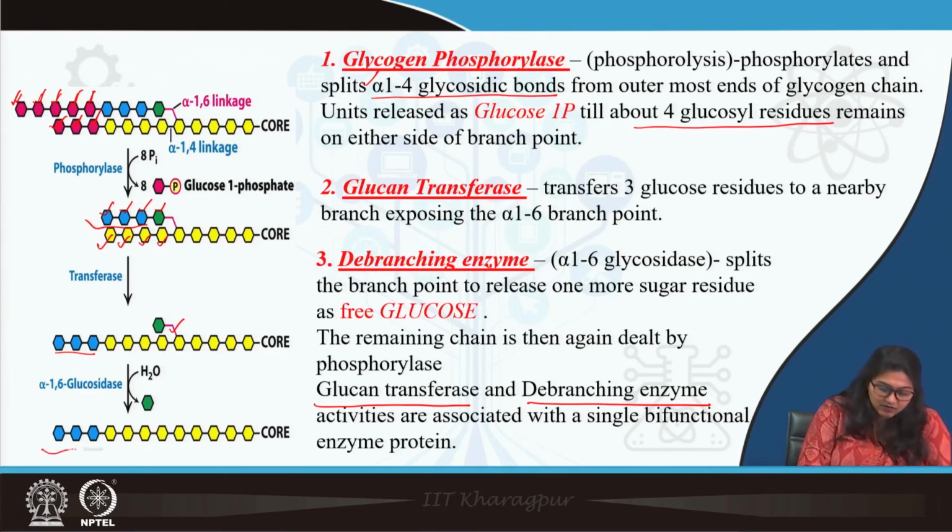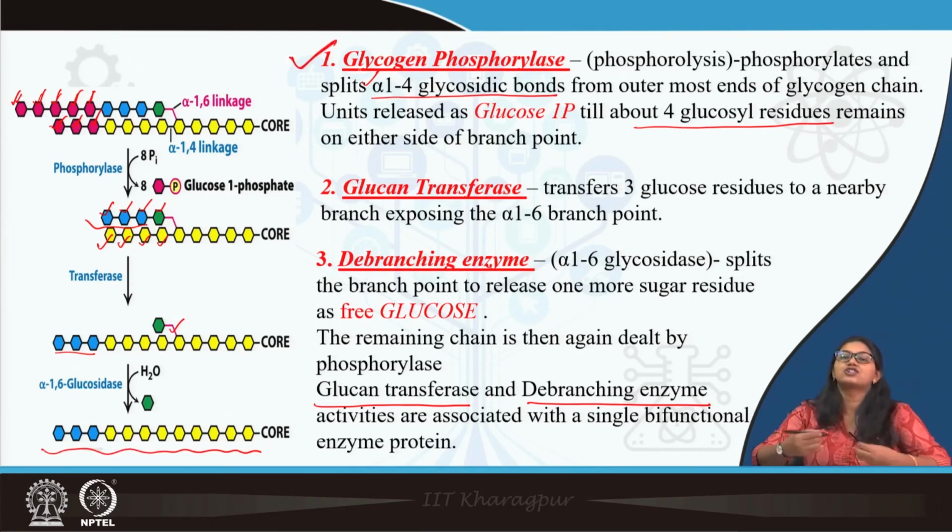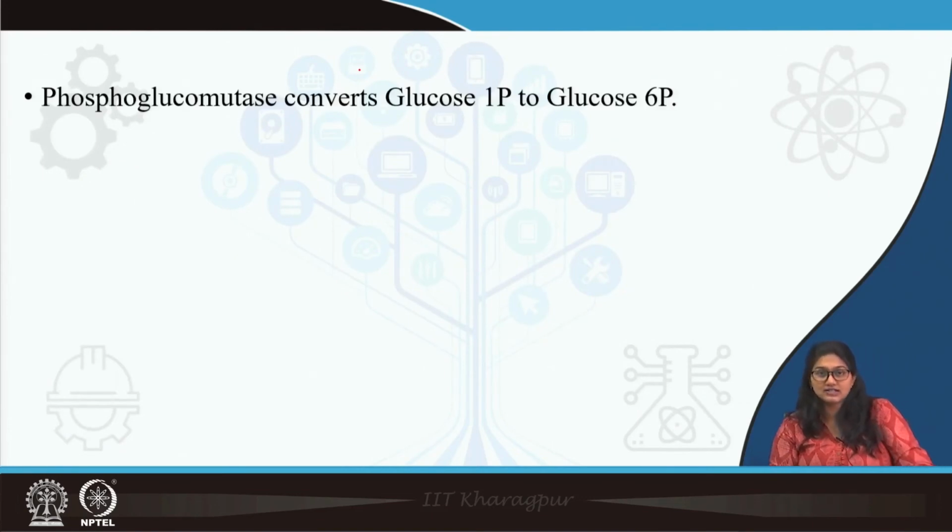Now, this chain is once again treated by glycogen phosphorylase, and further actions continue until there is extensive release of glucose by breaking down the glycogen molecule. This is how glycogen breakdown, or glycogenolysis, occurs.